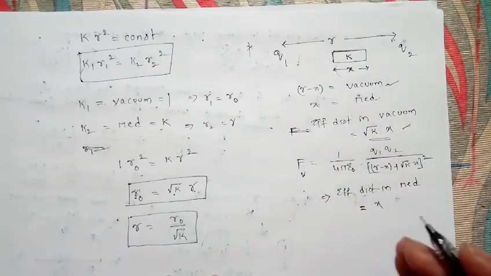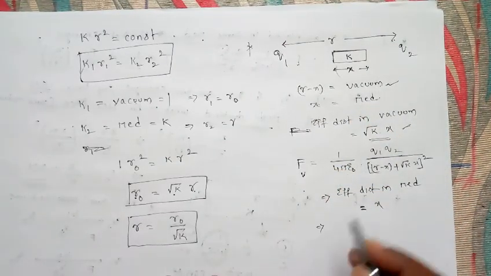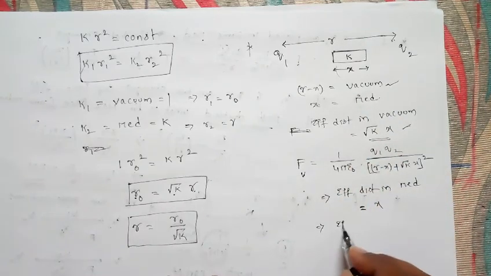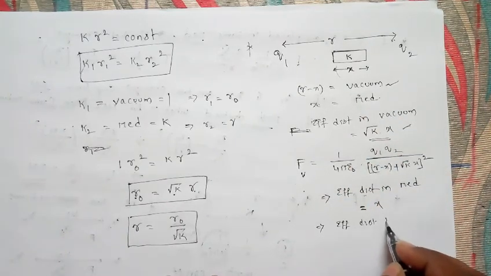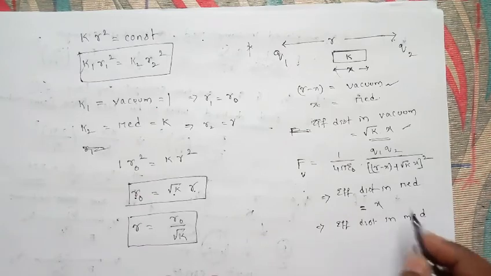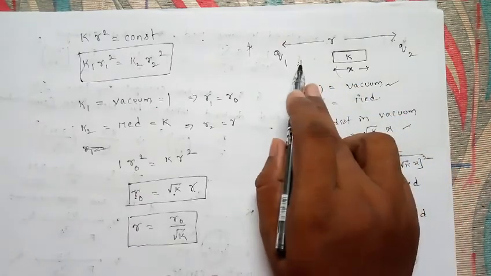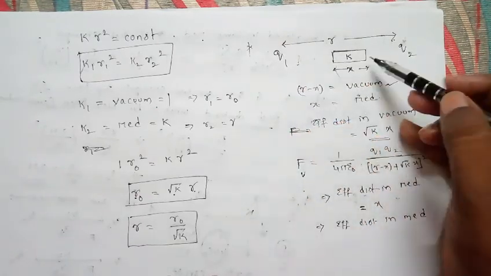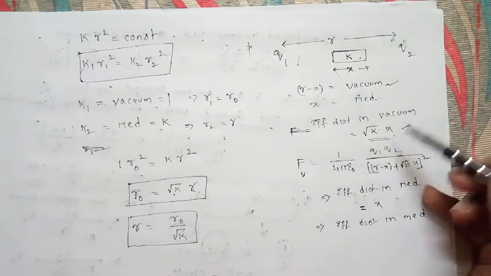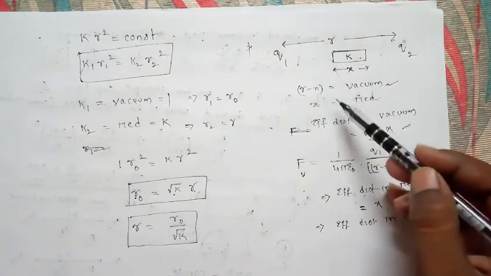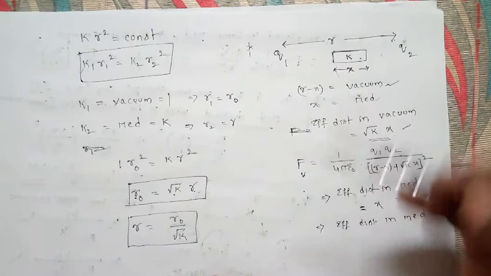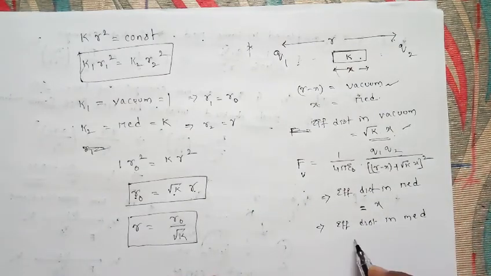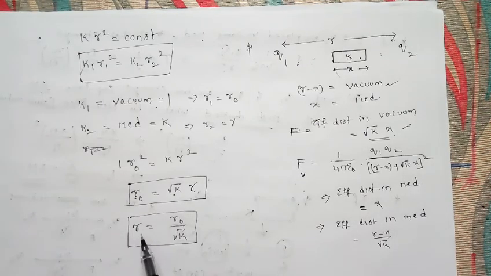Earlier the medium distance was converted into vacuum. Now the vacuum distance r minus x is converted into medium. So the effective distance in medium is r minus x by root k, because the effective distance in medium is equal to the vacuum distance by root k.